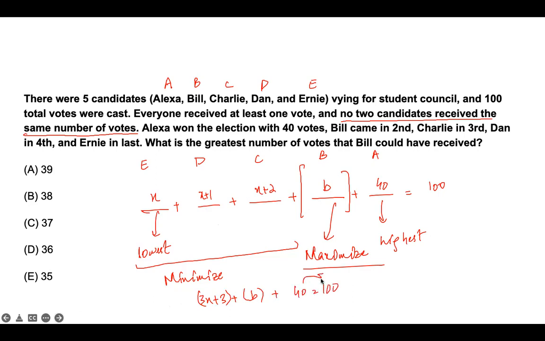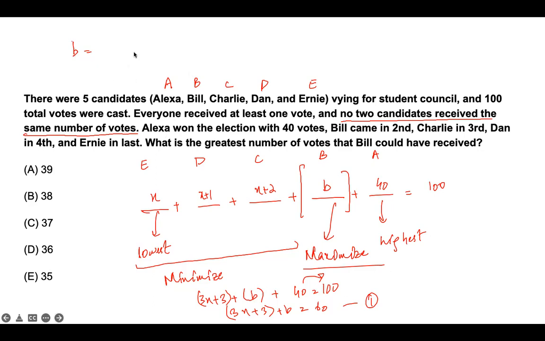And if I take 40 to the other side, this becomes 3X plus 3 plus B is equal to 60. Now we can assume one thing, that whatever the votes for Bill are, they must be less than 40, because all of these are distinct. So what are the possible votes for Bill?